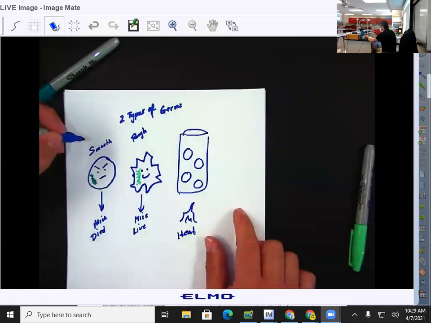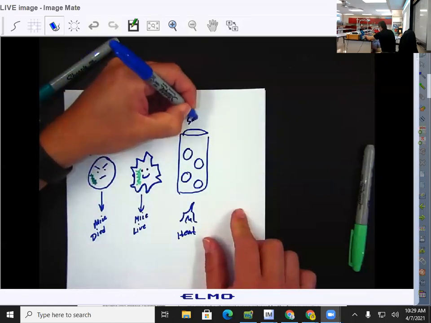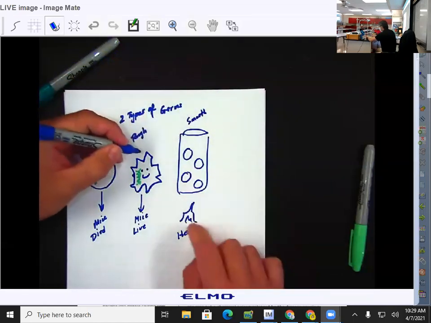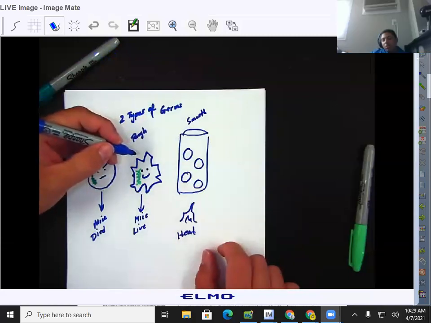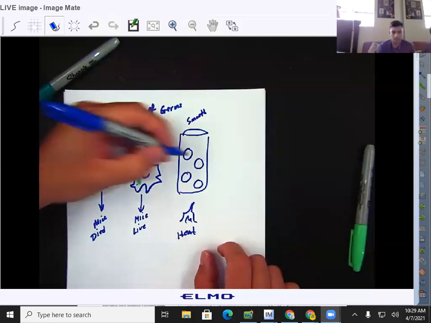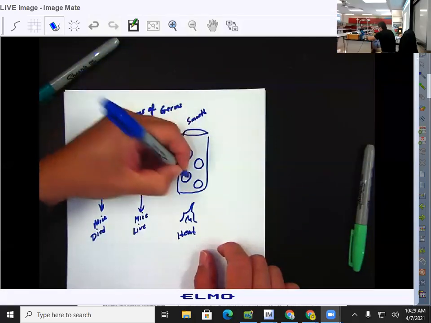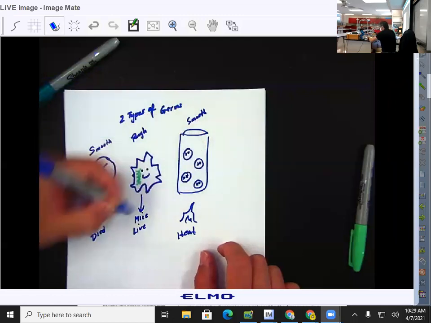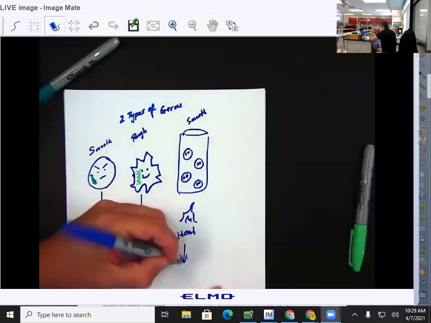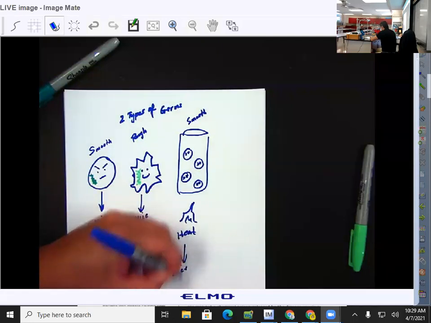What did the heat do to these guys? It killed them. They got broke or they died, exactly. So I'll put X's. They're dead. And then he injected that into the mice. The mice lived.